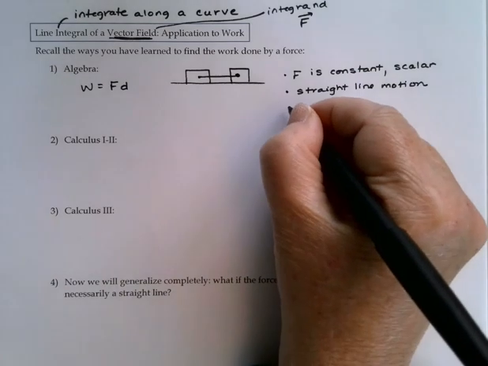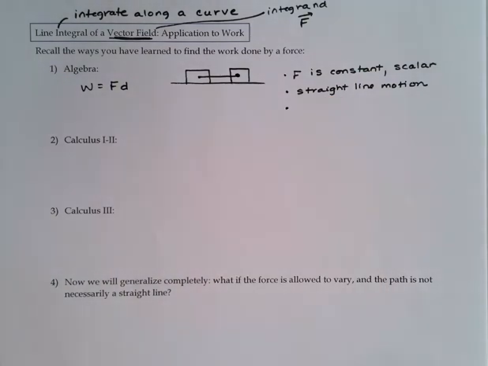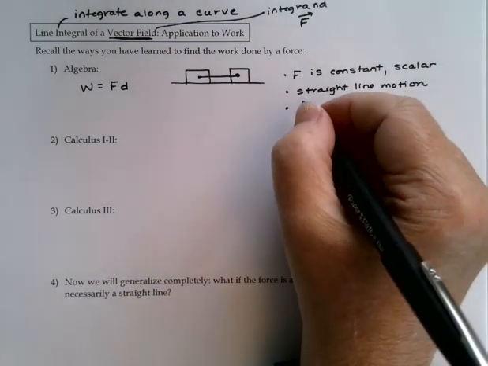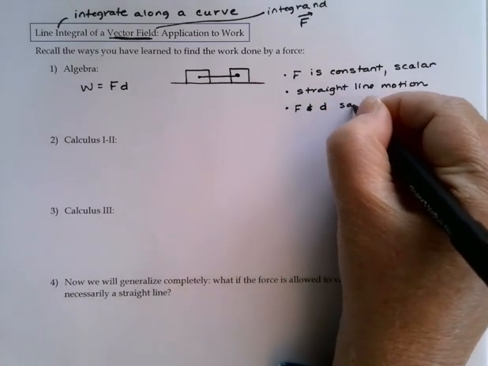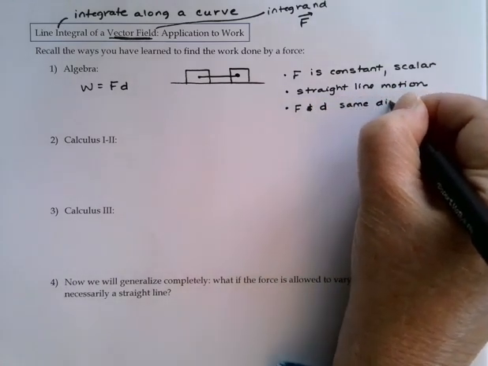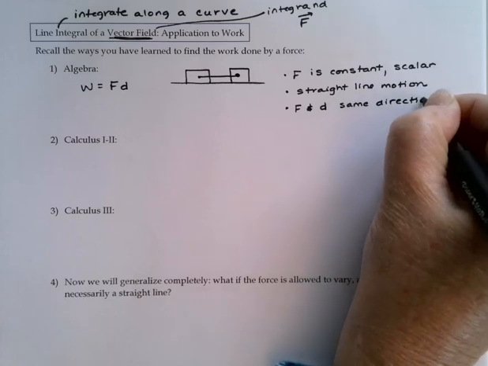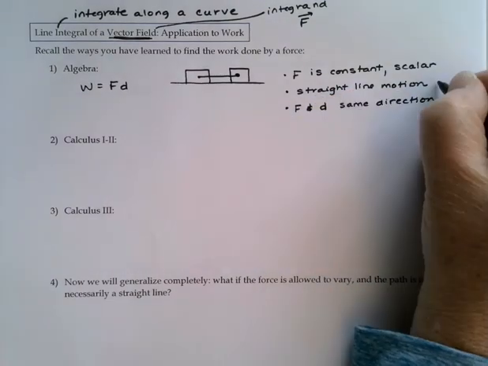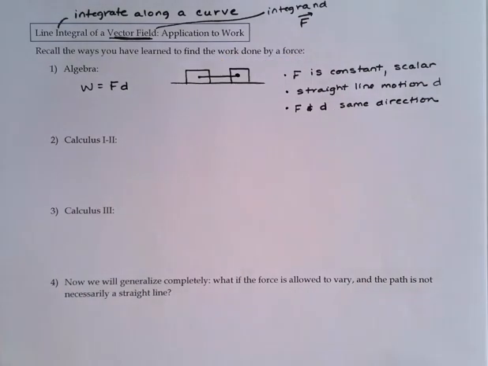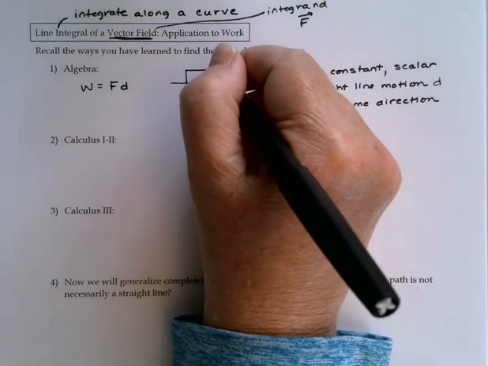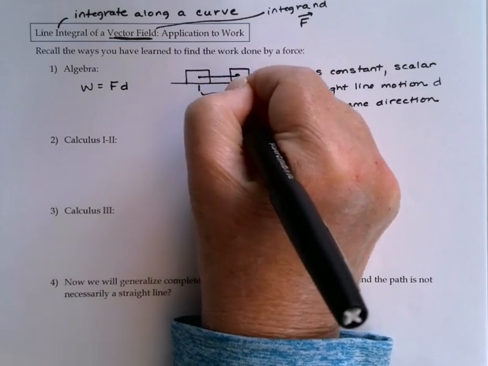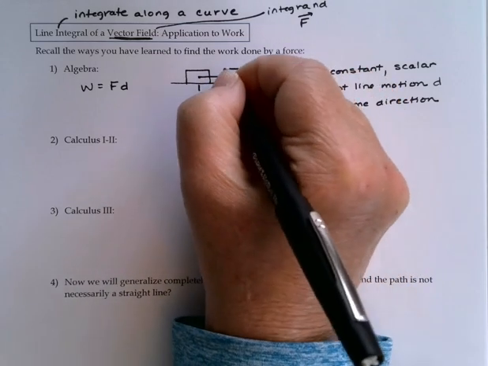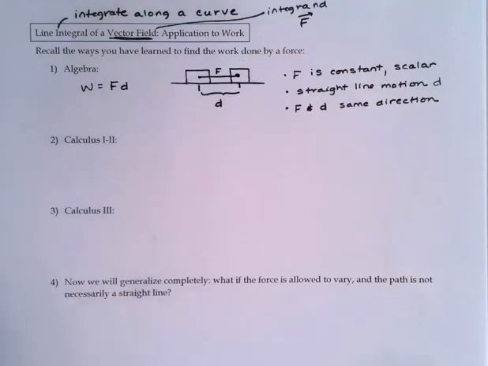And it also assumed that the force was in the same direction as the motion. So I'm just going to say F and D, same direction. And let's see, I'm going to say straight line motion D. So from here to here is our D, and this is our scalar value of the force F.